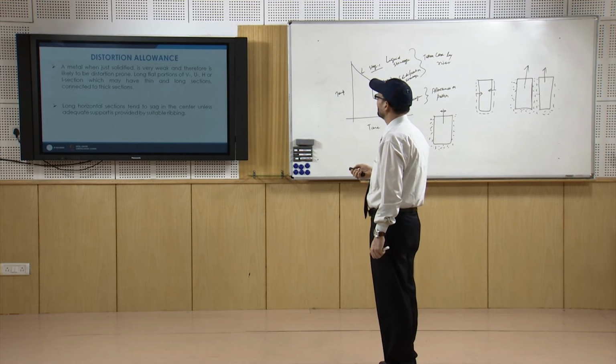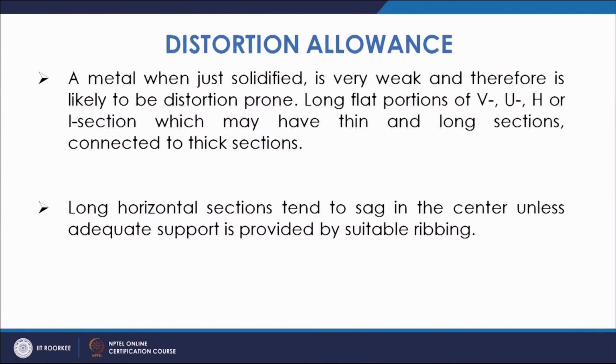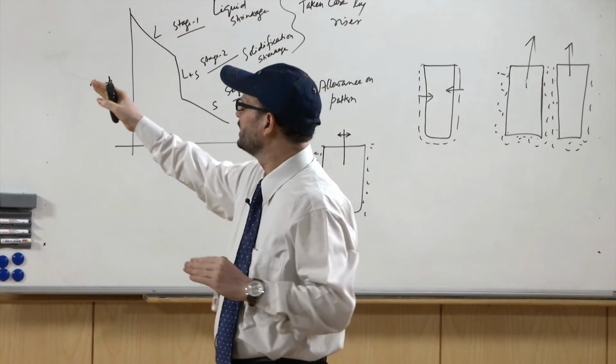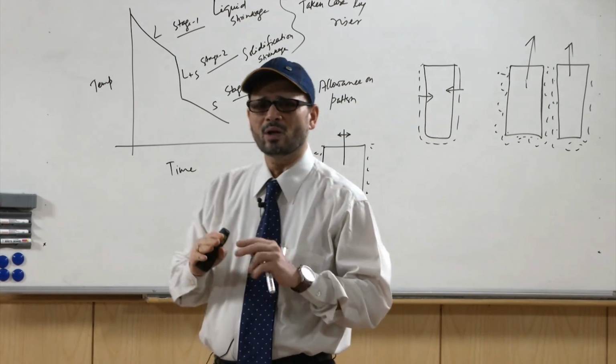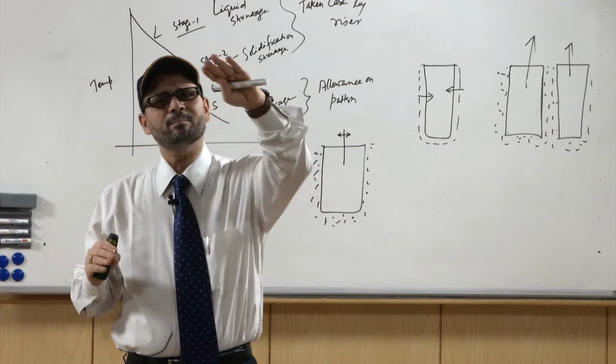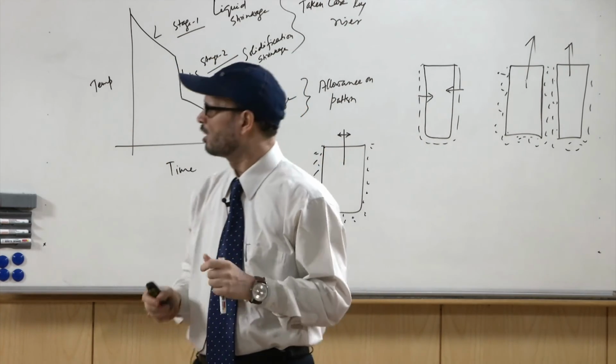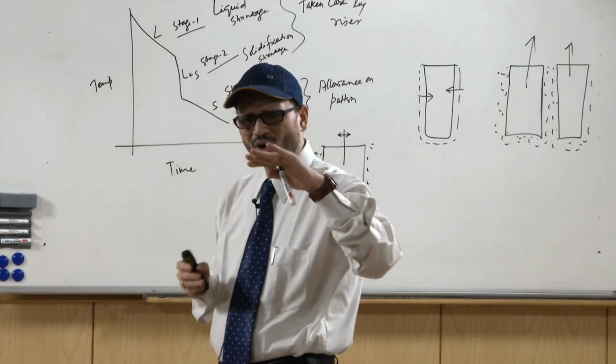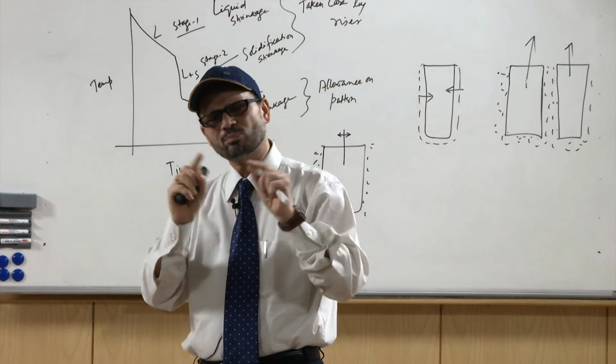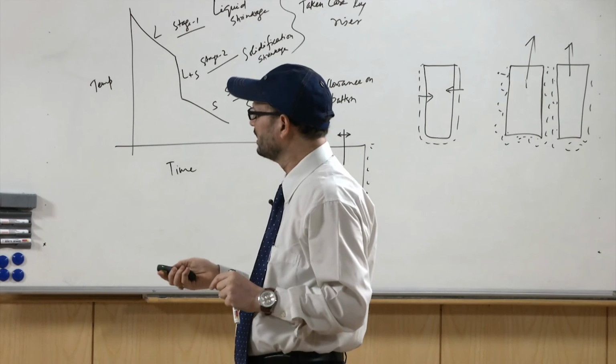When the metal has just solidified it is very weak, and also because of certain section shapes, metal in a hot state is normally weaker, so it tries to deform and distort. For that you need to provide a certain allowance, known as distortion allowance.